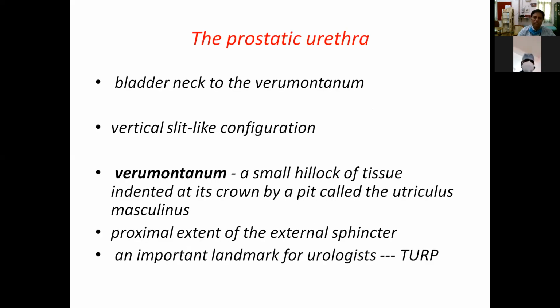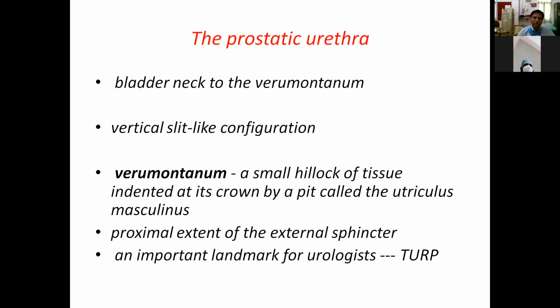The prostatic urethra extends from the bladder neck to the verumontanum, and the verumontanum is a very important anatomical landmark when you go through the urethra with a scope, or when we attempt surgery on the urethra through an endoscope, or when we reach the prostate through the urethra.